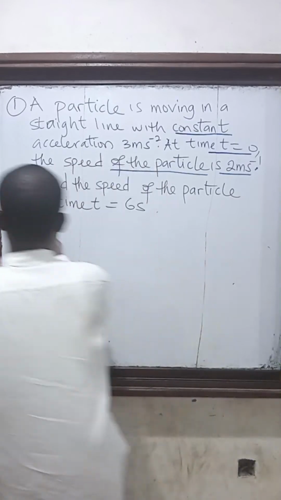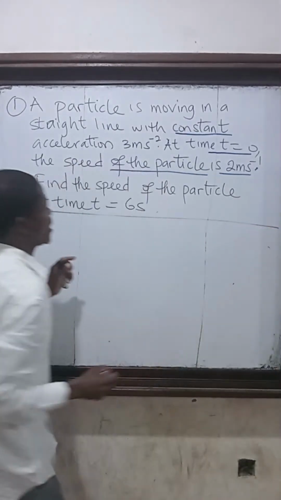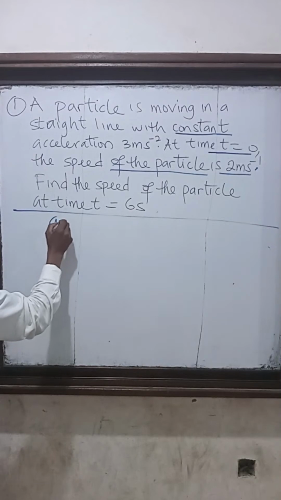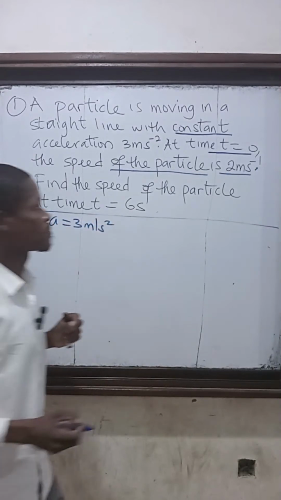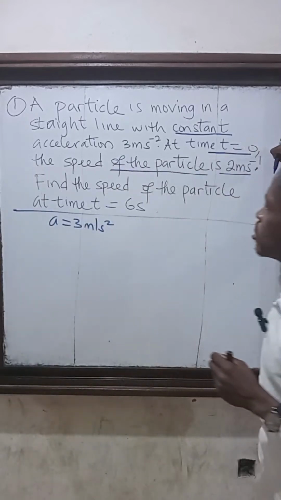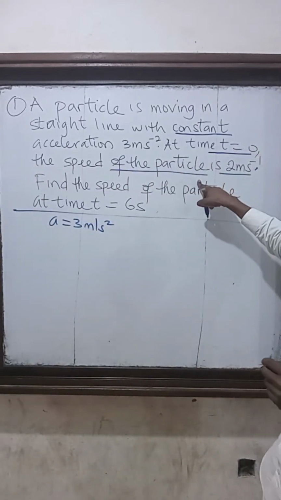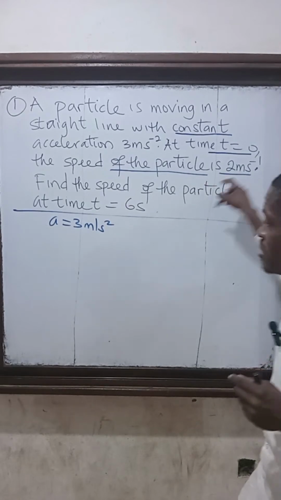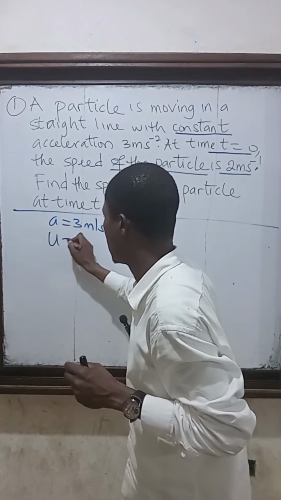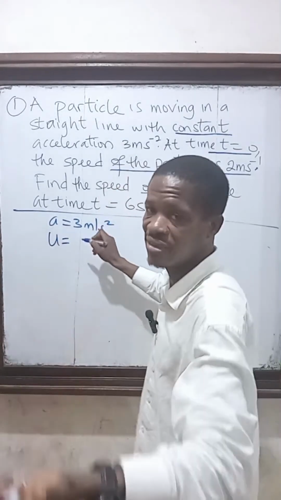So let's look at the information we have. Acceleration is 3 meters per second squared. At time t equal to 0, the speed of the particle is 2 meters per second. That will be the initial speed at t equal to 0.